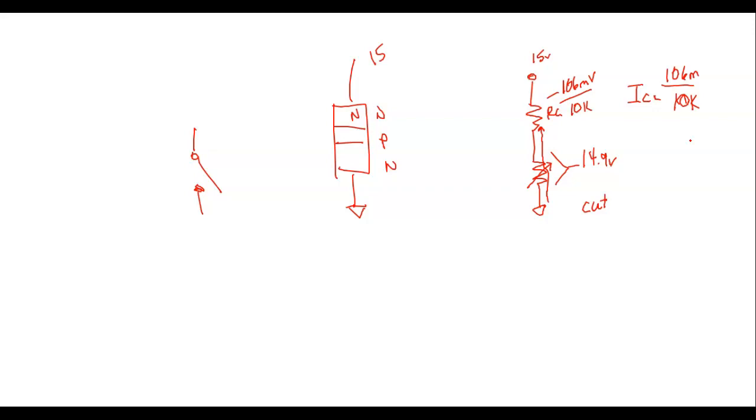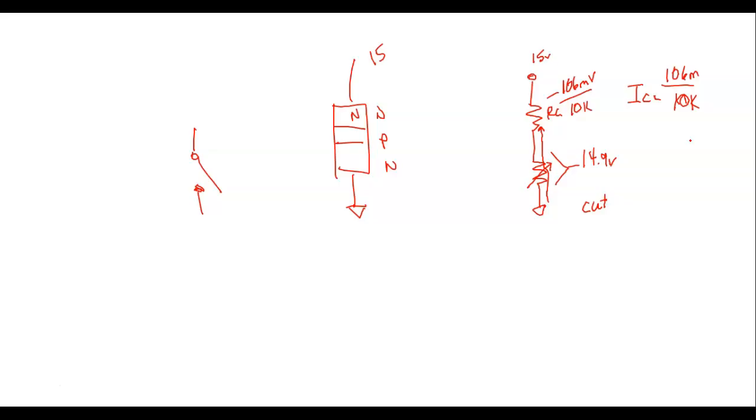You understand? So yeah, if you've got a difference of potential and you've got a path, there's going to be current flow because it's always I is equal to V over R. It's just that R is extremely high, right? So the R of the transistor is extremely high. It's dropping 14.9 volts at 106 microamps. So R of the transistor right now would be equal to what?